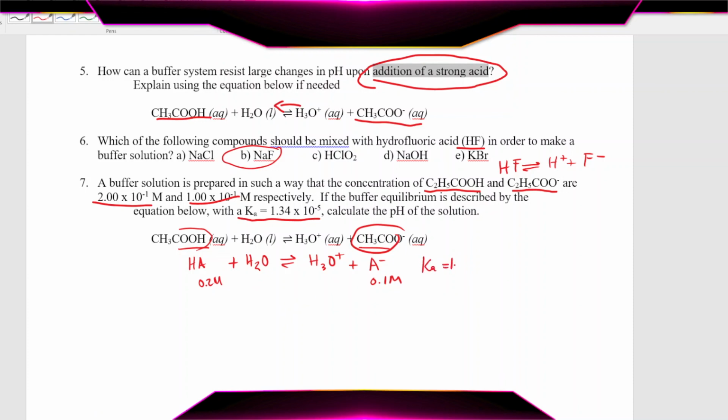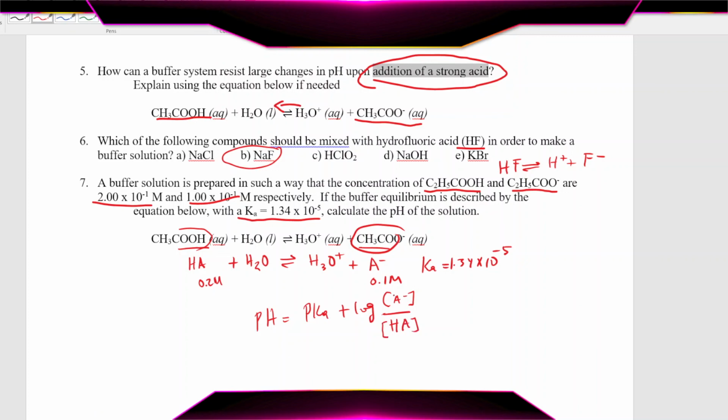The Ka is 1.34 times 10 to the negative 5. How do you find the pH? Well, the pH equation: pH is equal to the pKa plus log of A minus over HA.